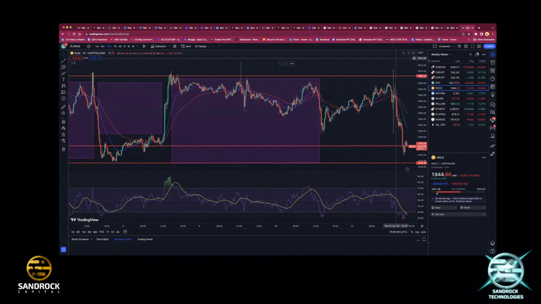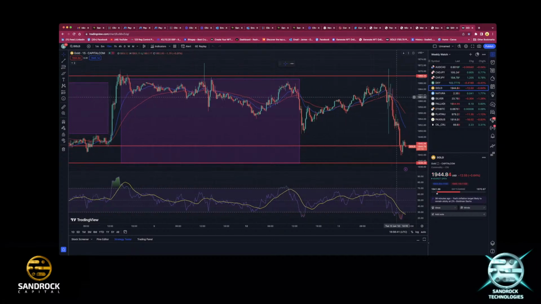Now today it's been very volatile. You can see the price went up from 1962 right up to 1970, then back down to 1949 straight away, then settled back up here at 1959, and then it's dropped off this afternoon quite a bit further. So my order has been triggered, so I'm in profit on this order.